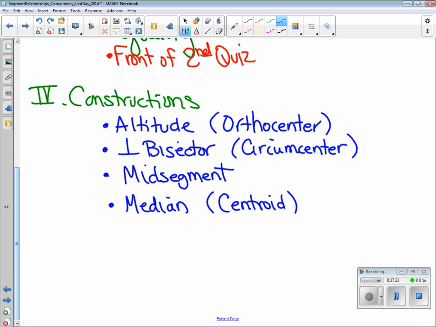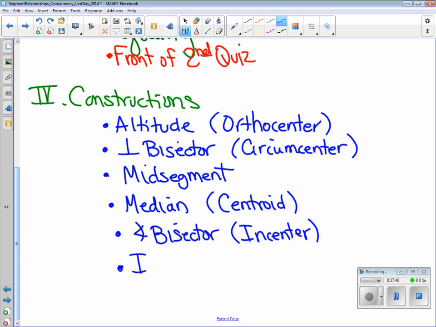And then the last one is the angle bisector, and they intersect at the incenter. So you have to be able to do all of those. And then the last one we did was an inscribed equilateral triangle. And we did 2 sections here.